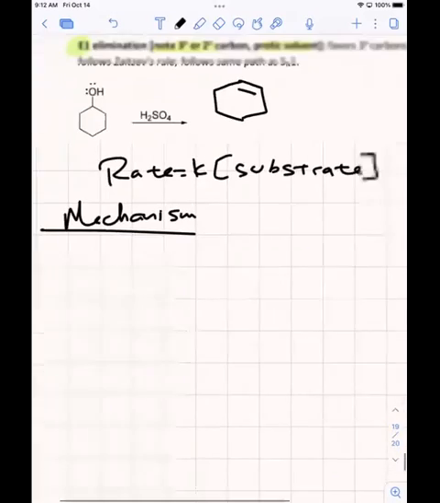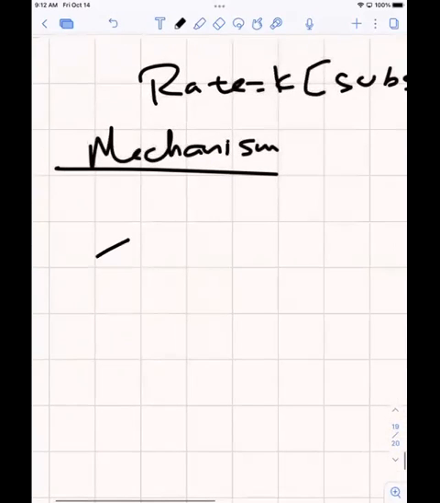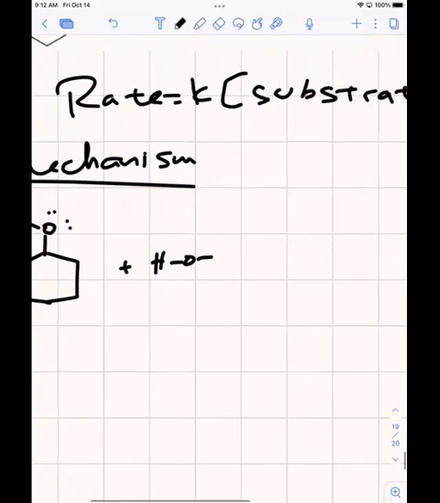All right, so in the mechanism, let's go through that. There's one step, and we're going to construct the energy diagram and all that, and we'll talk about the transition state too. So this is sulfuric acid.